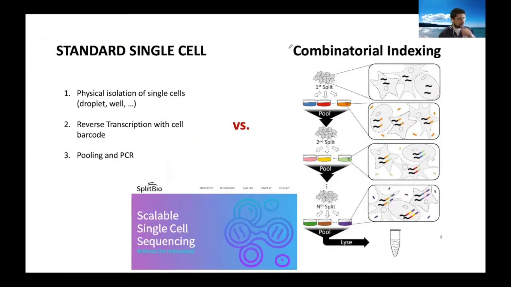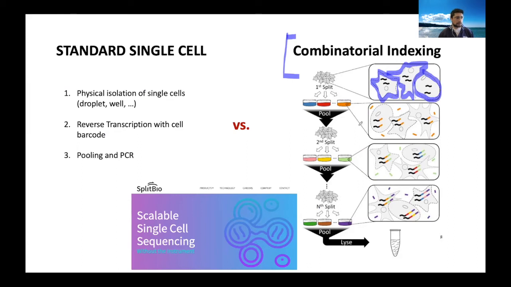However, there are also other approaches that are not using any separation methods. 10x is using aqueous droplets in oil for separation, and BD is using microwells. In the case of this type of approach, which is called split sequencing, they still use the cells as a physical method to separate the transcriptome of one cell from the other. They have a specific protocol to fix the cells as they are, so they're not releasing their transcriptome.